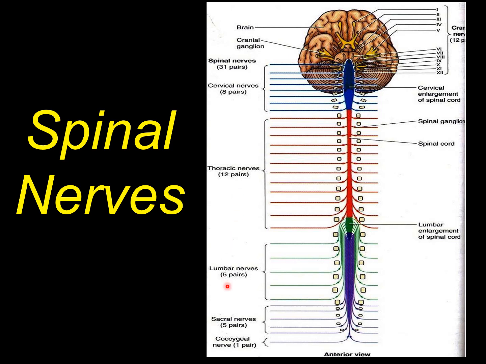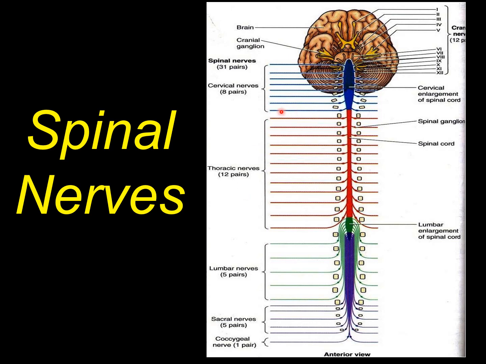Then 5 lumbar nerves in the lumbar region, and 5 sacral and 1 coccygeal in the corresponding regions. So we have a total of 31 pairs of spinal nerves coming out of the spinal cord, with 8 cervical and 12 thoracic. And we are concerned with the nerves here.